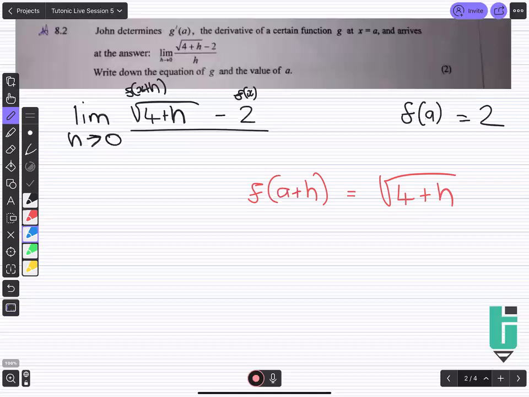And what's the simplest square root function? Root x. If I sub in, what must I sub into root x to give me 2? So what value of x must I choose to give me a y value of 2? 4.